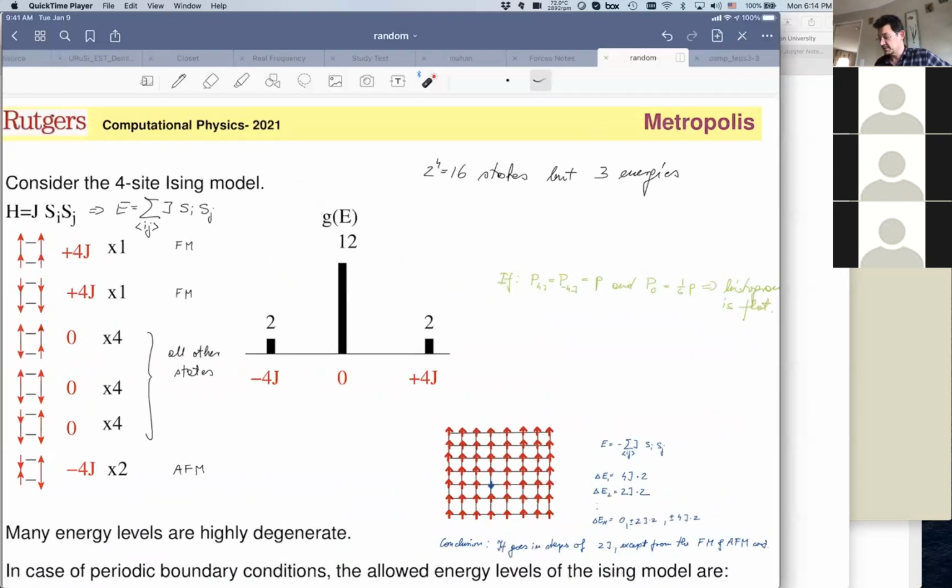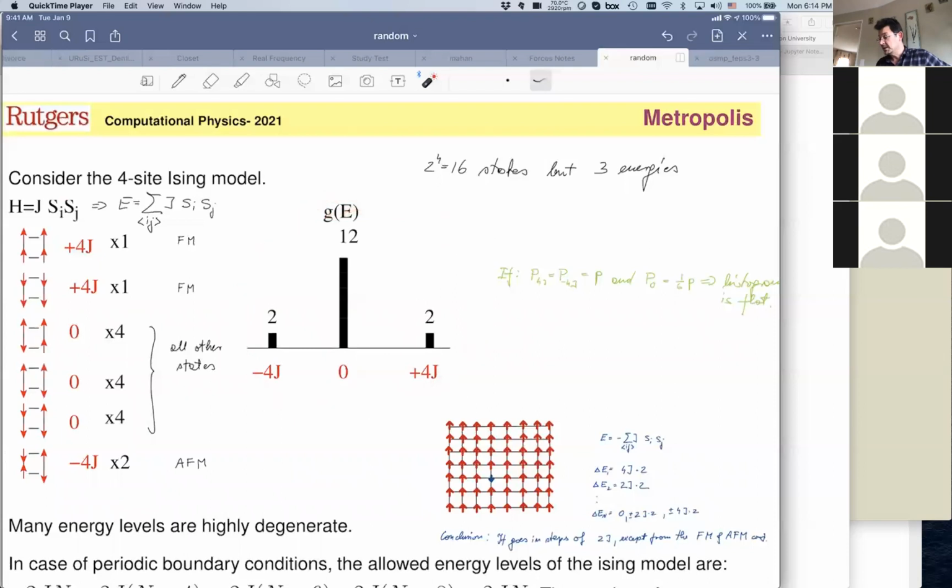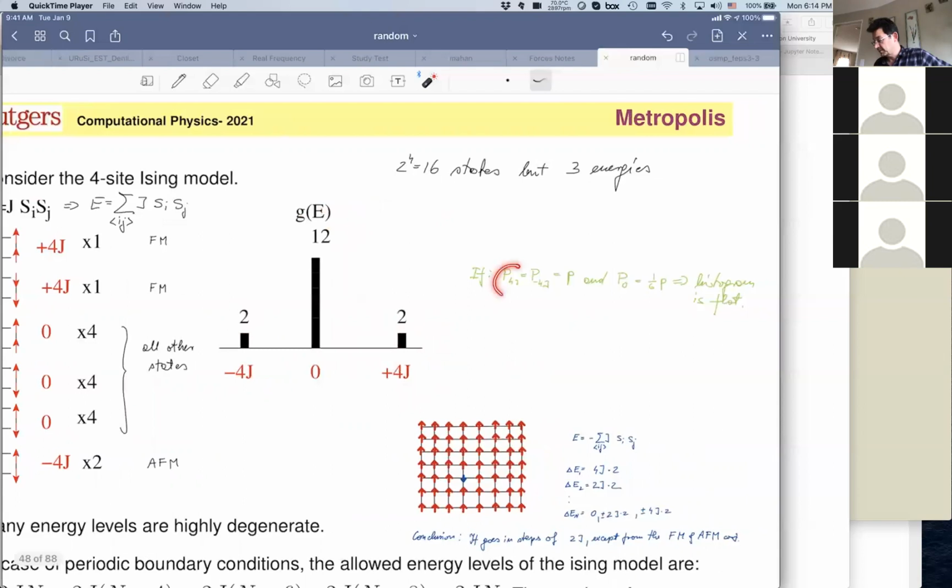Okay, so let me explain this on this particular example. If we select the probability that state 0 should be visited 6 times less often than the two excited states, the antiferromagnetic state and the ferromagnetic state, so let's say the probability for state 4J and minus 4J is some small p, but the probability for this state is 1/6 of that.